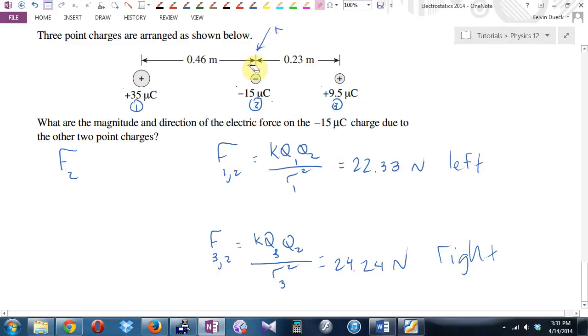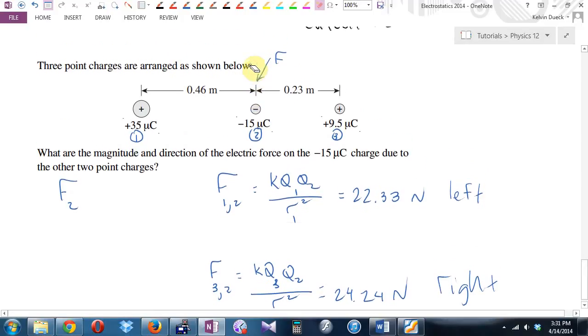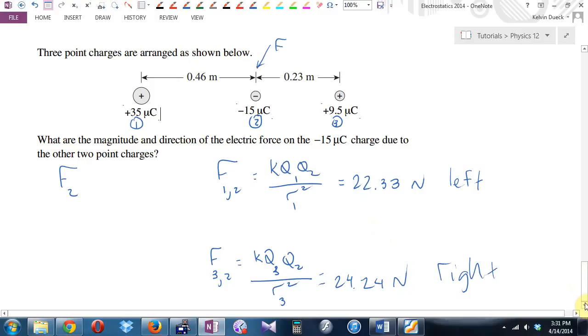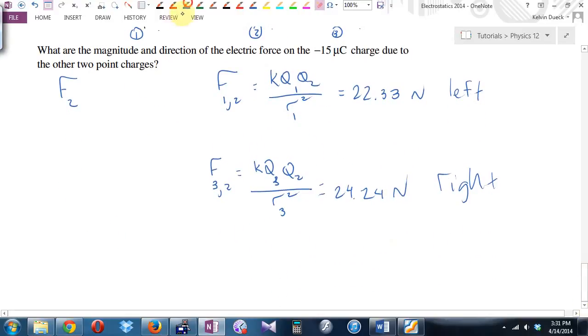How will I go 22.33 newtons left and 24.24 newtons right? How do I add those two together? You do winner minus loser vectorially, right? Nice straight line. So, let's finish it. I'll call it F net.